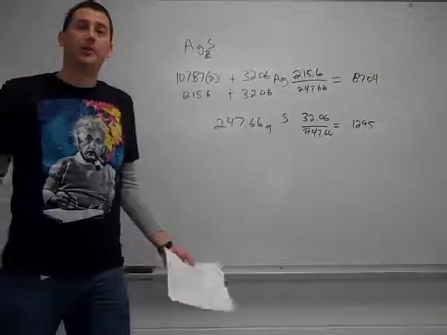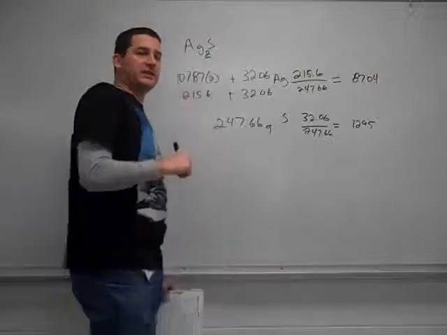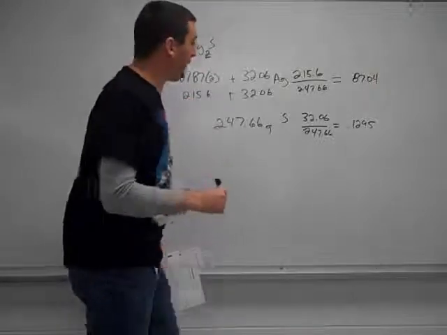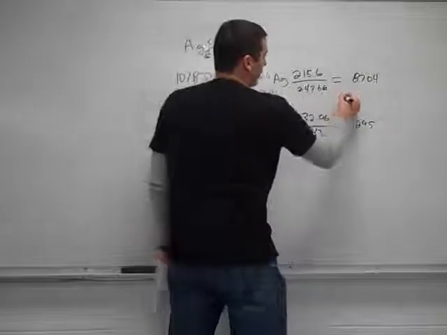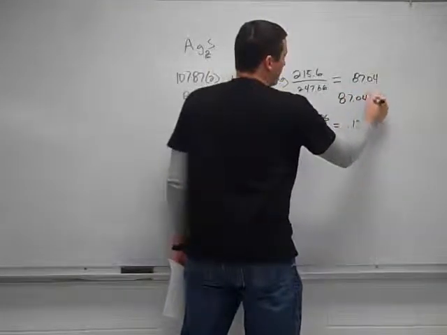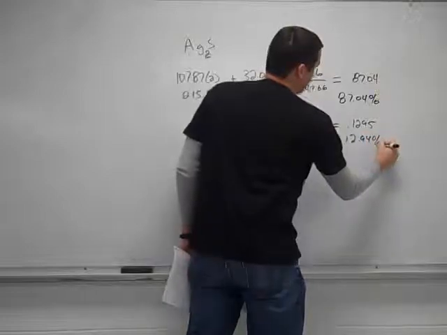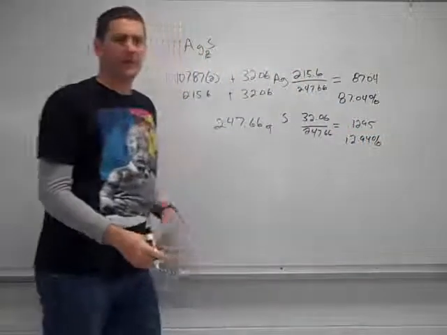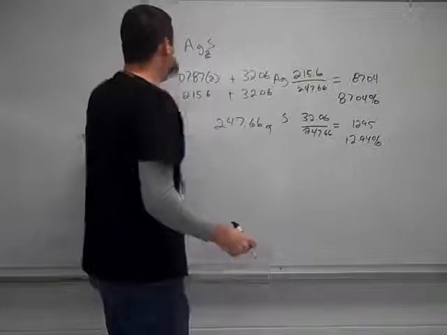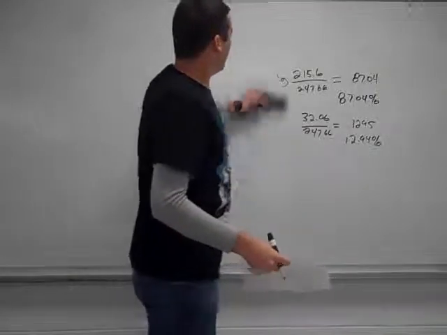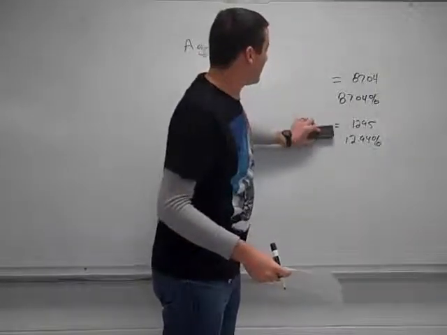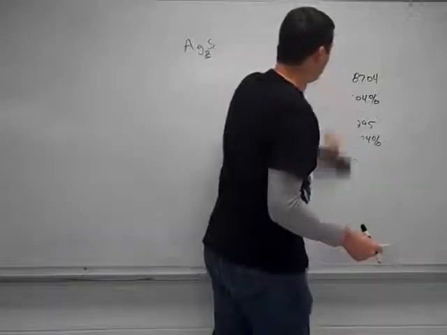Doing the same method, we're going to move the decimal place to the right 2 places, or it's the same thing as multiplying by 100. So this is going to become 87.04% and then 12.95%. Now these two numbers added together get very, very close to 100, so we know that we did that problem right. They don't have to equal exactly 100 because everybody's going to round a little bit differently.